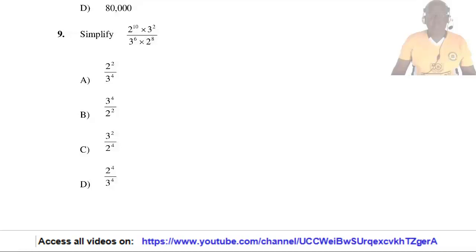Question 9. Simplify 2 raised to the power 10 times 3 raised to the power 2, divided by 3 raised to the power 6 times 2 raised to the power 8. This is equivalent to 2 raised to the power 8 times 2 raised to the power 2. When we add up the indices 8 and 2, we get 10, times 3 squared, divided by 3 raised to the power 4 times 3 raised to the power 2.